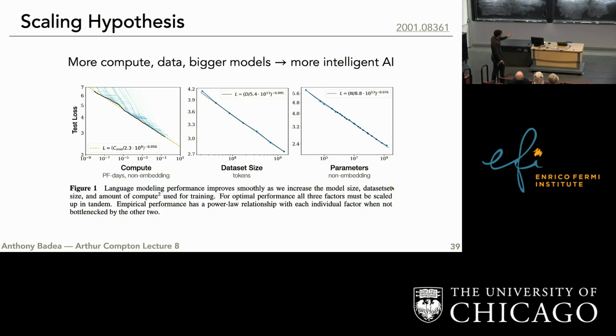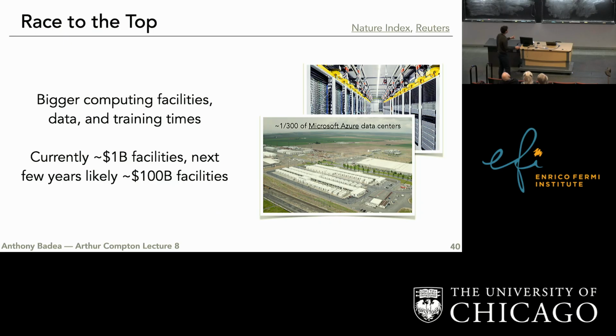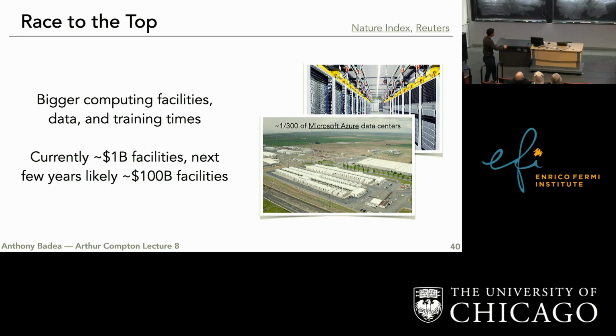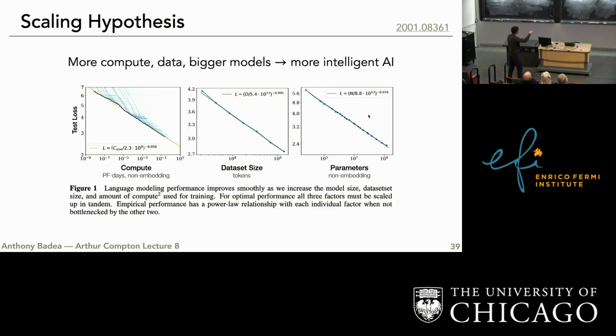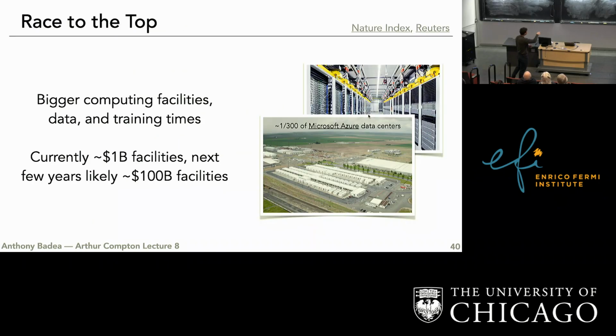And this exact idea of just make things bigger has translated everywhere into massive computing facilities where people want bigger computing, more data, more training times. This core idea of scaling things has translated now into billion-dollar facilities like the Microsoft Azure facility, and in a few years the projections are that it will be $100 billion facilities.